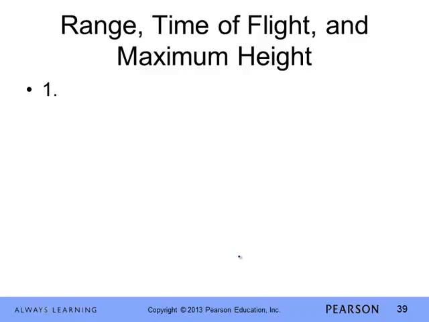All right, and we're given an initial speed. So we have x, we have y, and we're told initial speed, and we're given an angle.